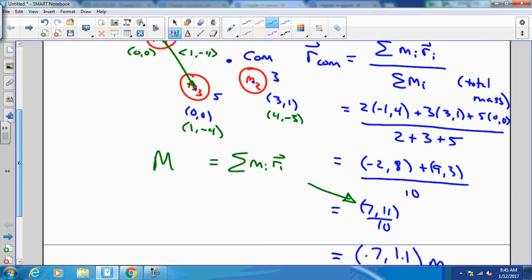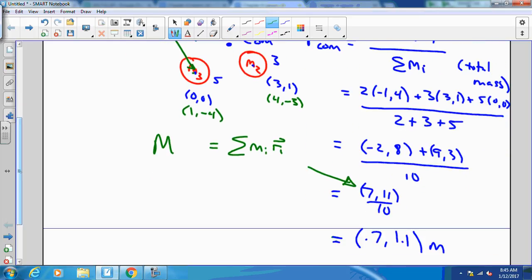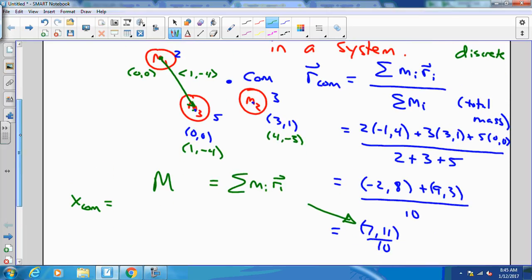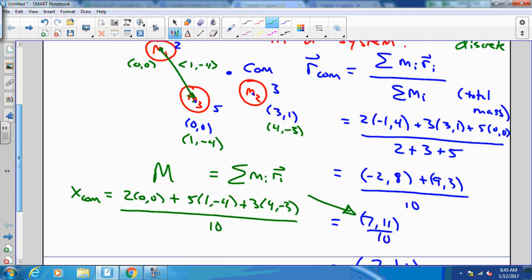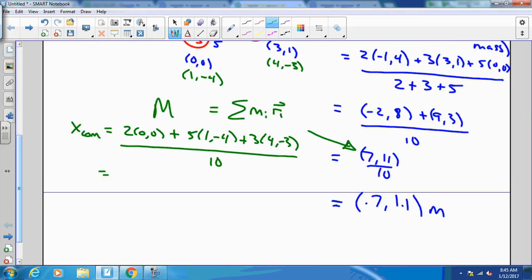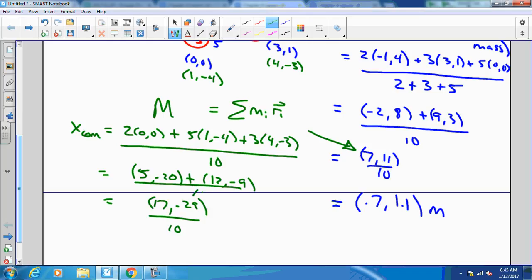Okay? Well, let's see what happens. If I compute the center of mass in our new coordinate system, then I get 2 times <0, 0>, plus 5 times <1, -4>, plus 3 times <4, -3>, all over total mass, 10 kilograms, not 11, which gives me <5, -20> plus <12, -9>, which is <17, -29> over 10.